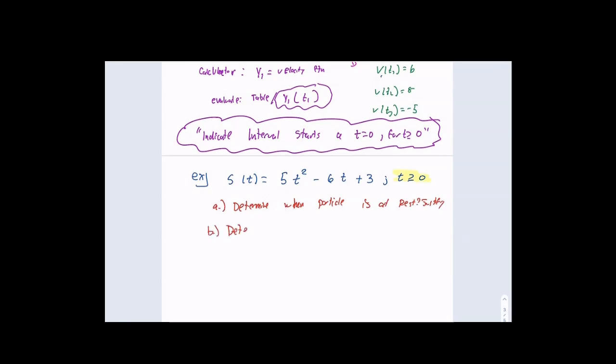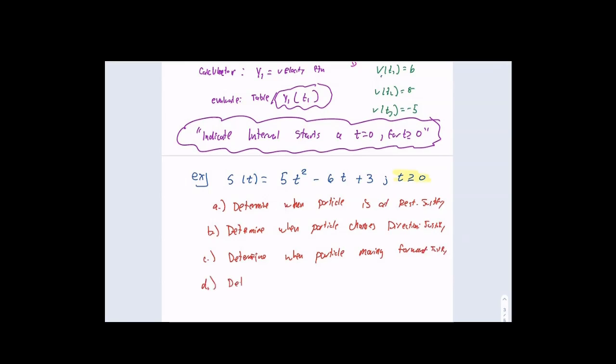B, determine when particle changes direction. I guess it's not a question. Justify. C, determine when particle moving forward, justify.